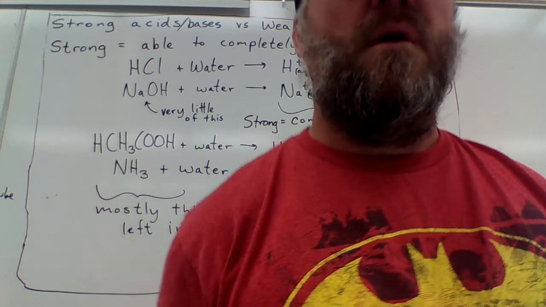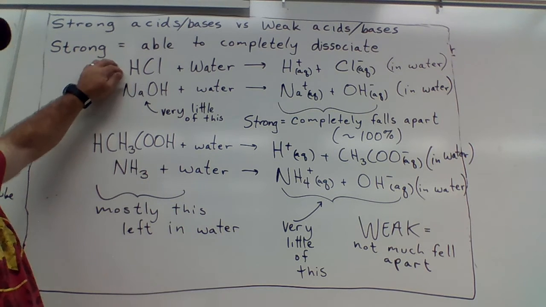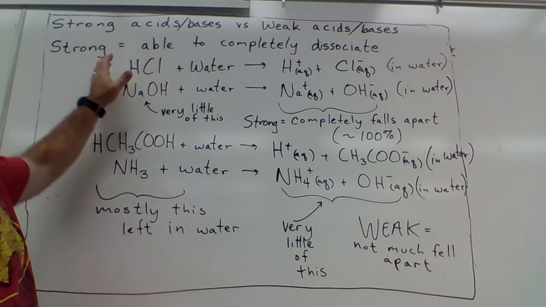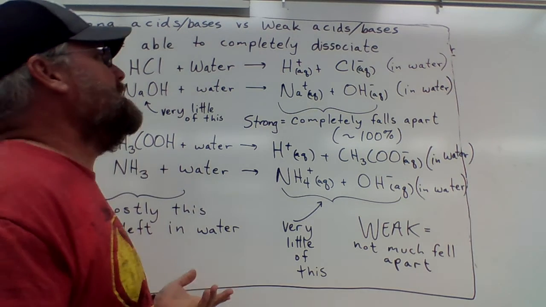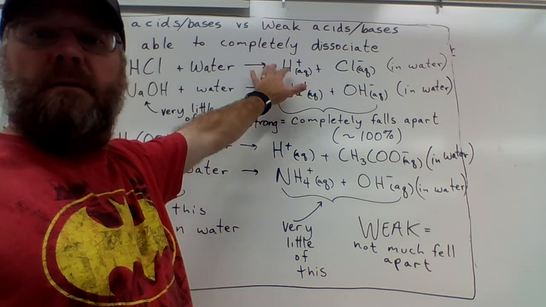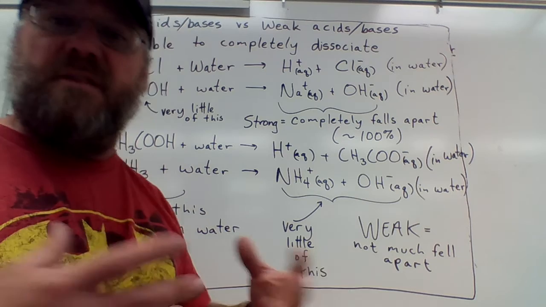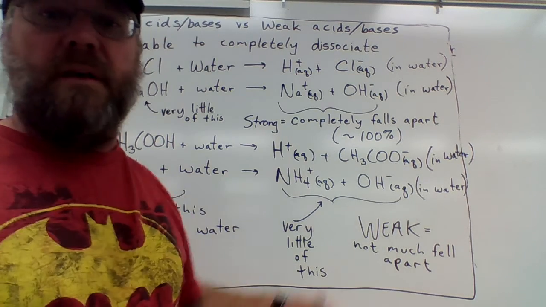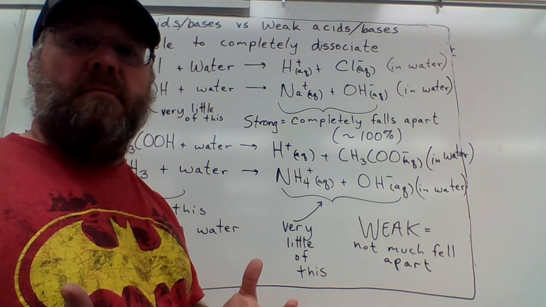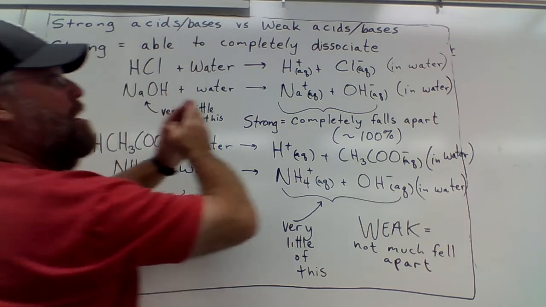And so what we see if we look at the reaction here, if I take some hydrogen chloride gas, put it into water, basically what is going to happen is it's going to turn into H+, the hydrogen ion, and Cl-, the chloride ion. And that's going to be floating in water. We can see that they're aqueous. That is a strong acid because most of what happens is that the HCl completely falls apart.